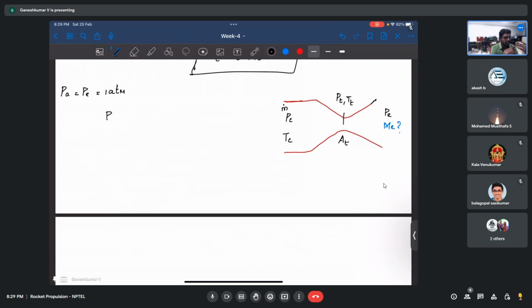We told that it's isentropic expansion. For the flow separation to happen, what should be my pressure difference is what that equation tells. It doesn't tell what my exit Mach number is. If you look at the equation, it doesn't come from first principles. It has power 0.64 and all. How can a 0.64 come from there?